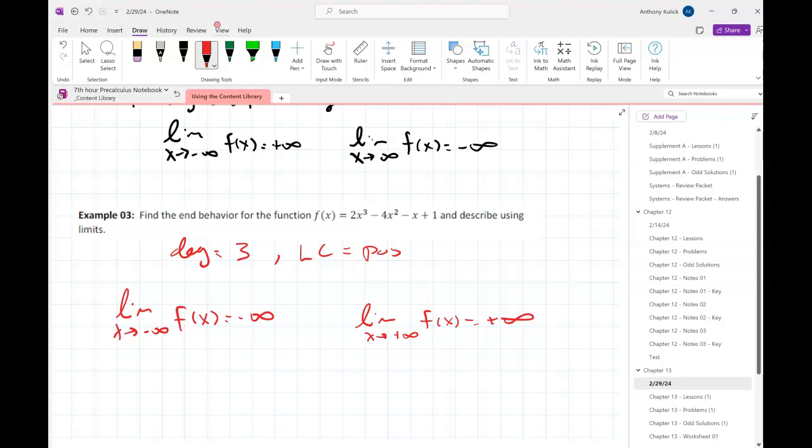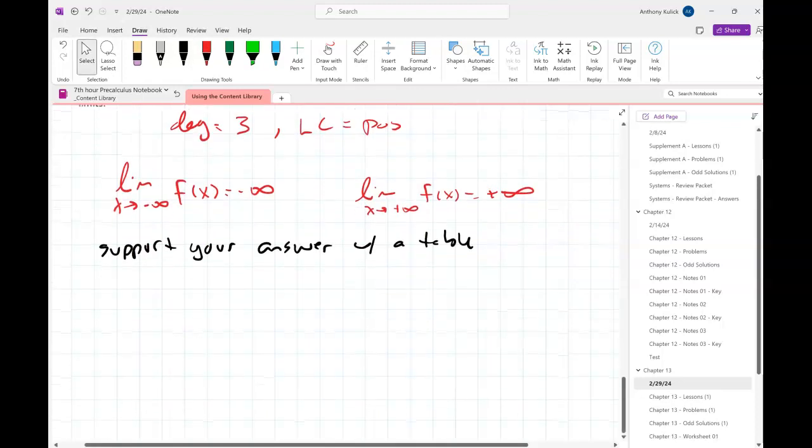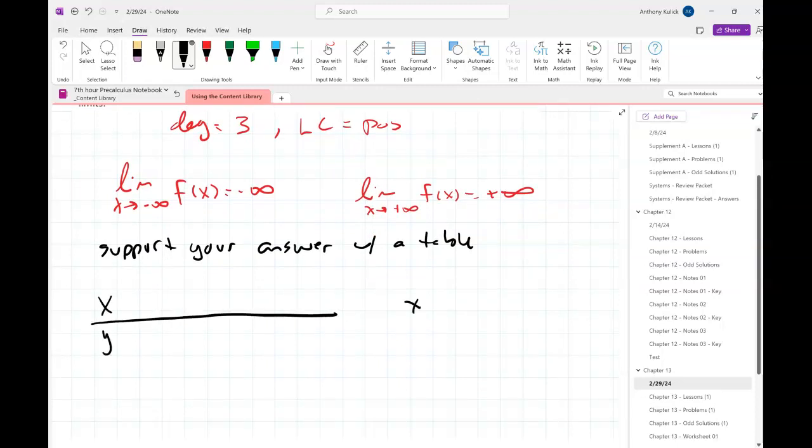Now, we might ask you to support your answer with a table. To do that, I'm going to use my calculator.